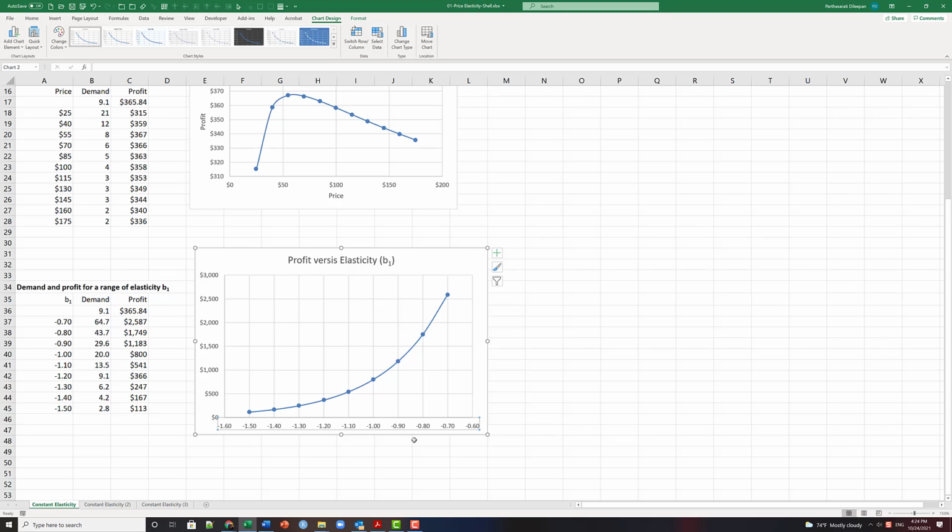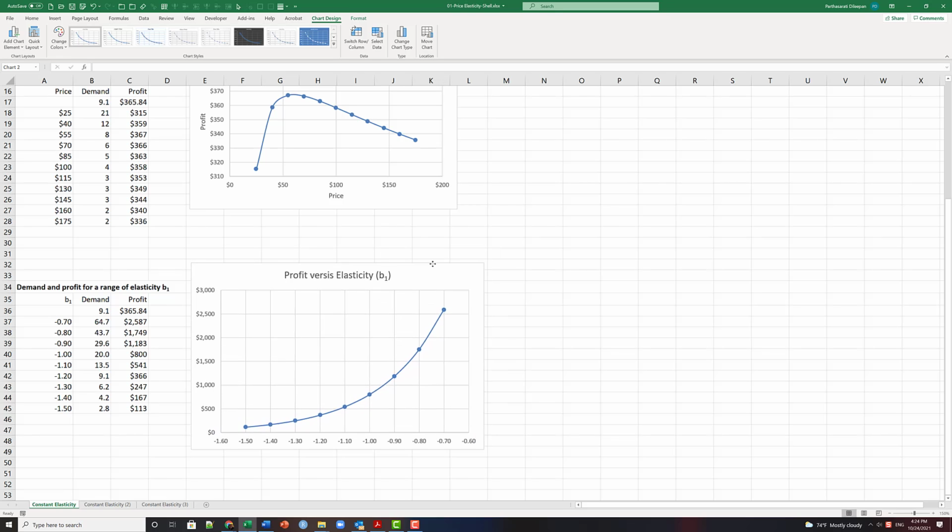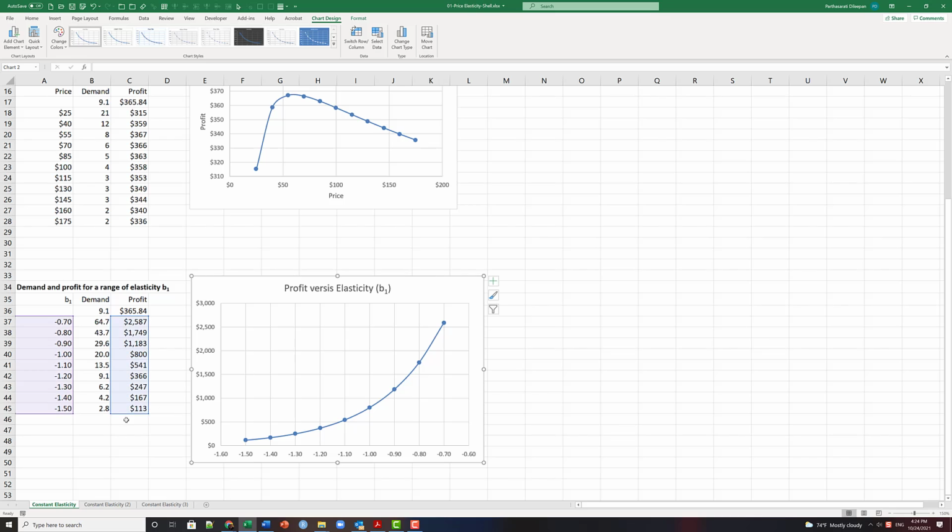Now as the elasticity increases, the profit increases, but this is not telling us a whole lot. What we probably want to do is, at different elasticity values, at what price do we maximize profit is what would be more interesting.